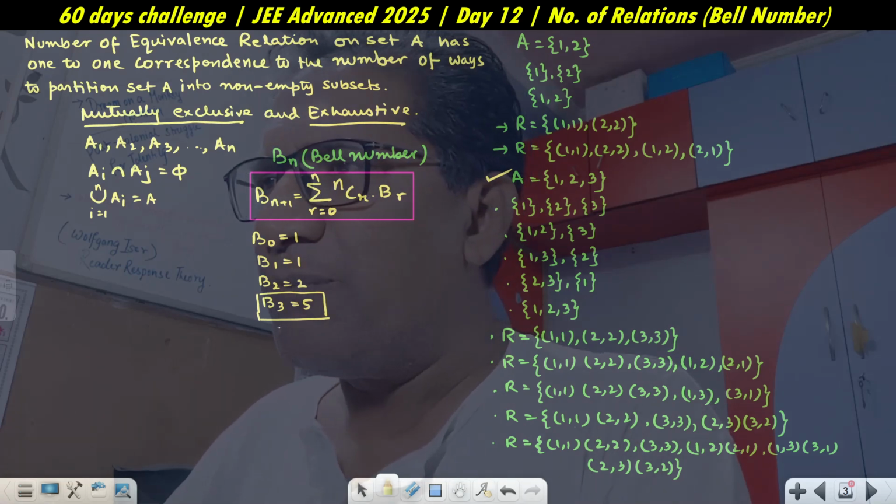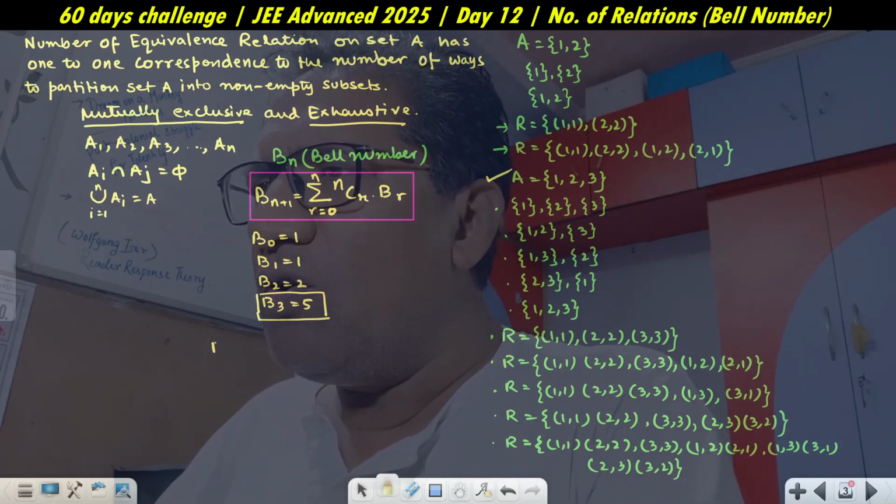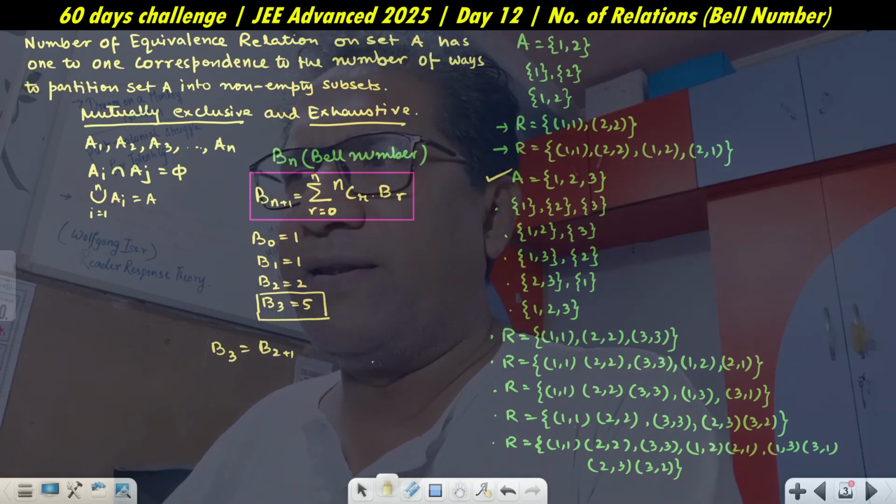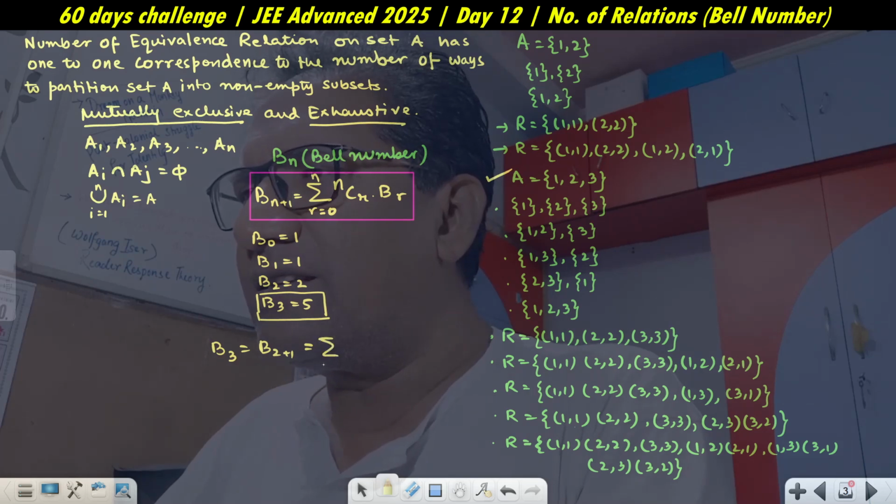We can find this value from the recurrence relation also. Let us check it. If you want to find B3, B3 means B(2+1), that is, sigma r from 0 to 2 of 2Cr Br.